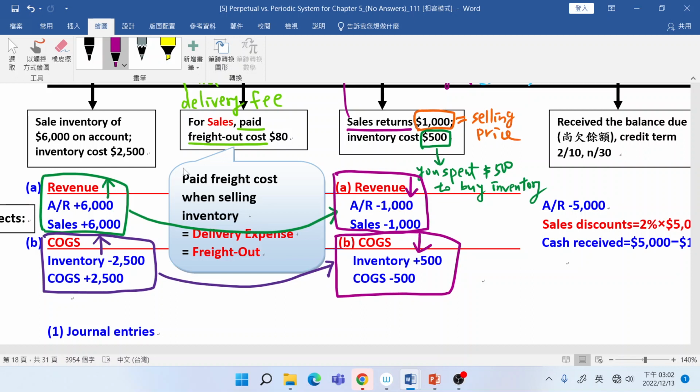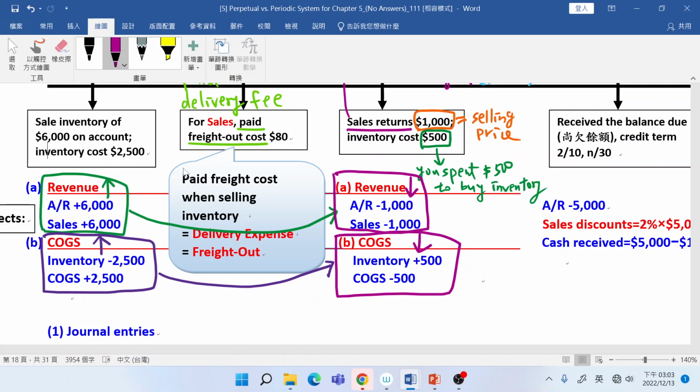Okay, so just compare these 2 things. So what does it mean? Before, my revenues increase, my expenses increase because I sell it to customers. Right now, I got inventory back from customers. That will make the revenues I could earn from customers decrease, right? Since revenue decreases, the expenses incurred will be decreased, okay? For expenses decrease, at the same time, why does your inventory increase?